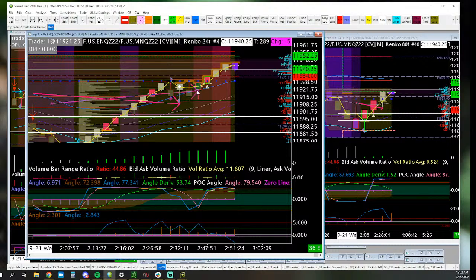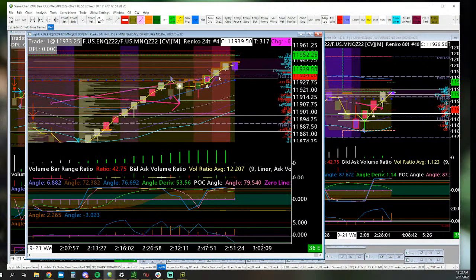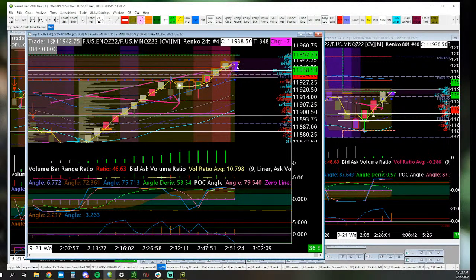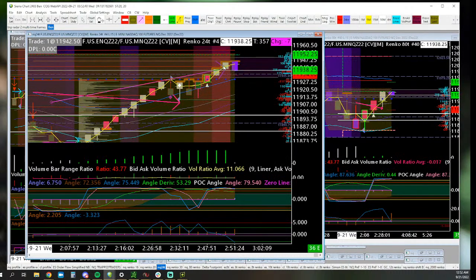In other words, it doesn't mean just buy it, but it means you don't want to sell until that goes away. Now, if this closes bearish and the pink has gone away, all good. I can sell it as long as I have a signal. But you can see why you really would not want to sell here or here or here or here.